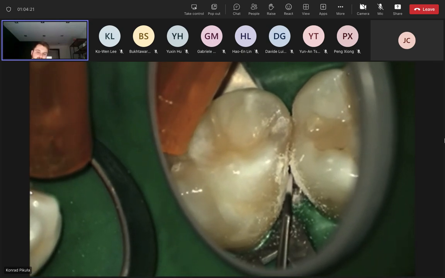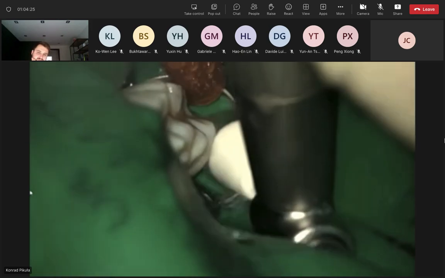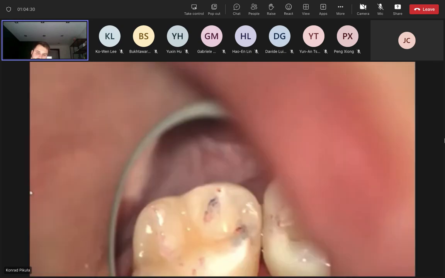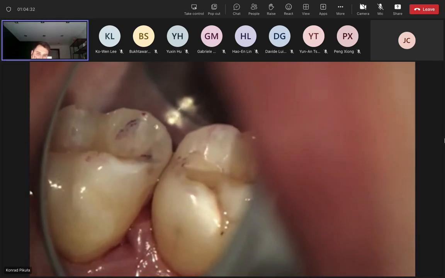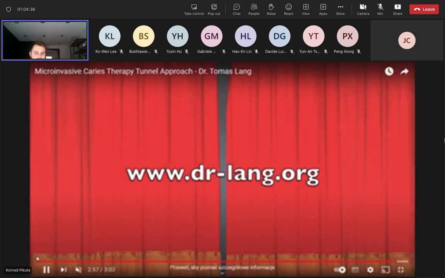So he created quite a nice surface. Of course, removing the excess of the material, then polishing, and we've got a tooth which was prepared.